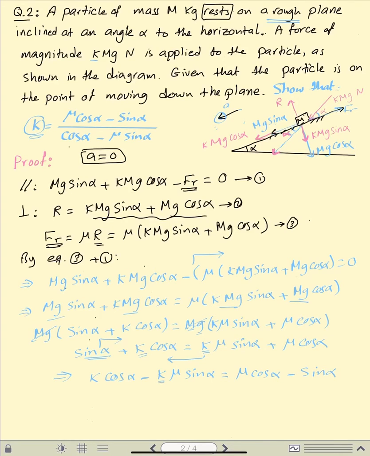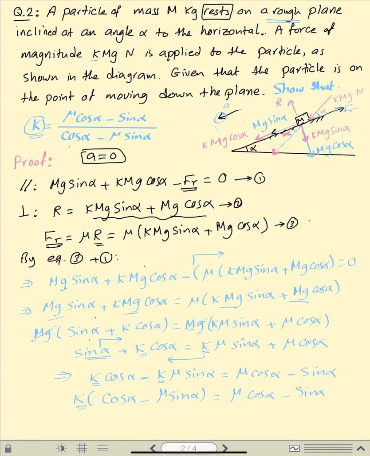By writing k as a common factor on the left hand side, inside the brackets, cosine alpha minus mu sine alpha is equal to mu cosine alpha minus sine alpha.